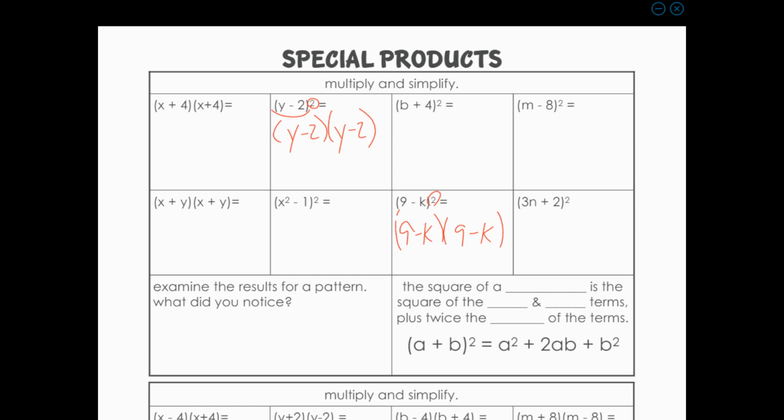That's the only other thing that you need to know when you see your assignment. If you've got something in parentheses raised to the square, you need to rewrite it so that you can multiply. Okay?